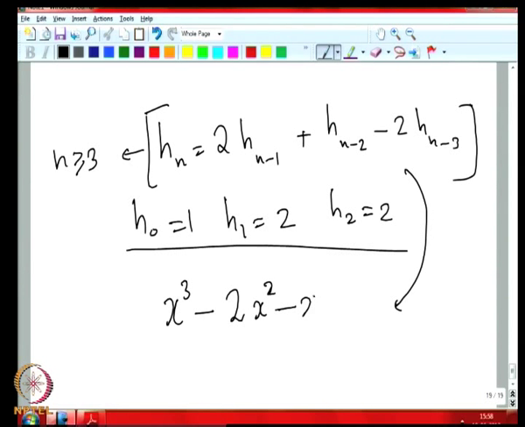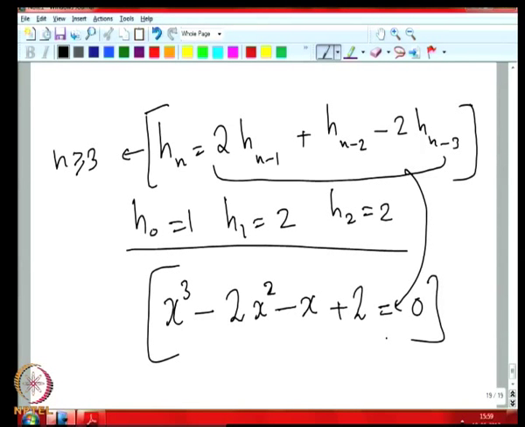What I did is I took all the terms to one side and then cancelled off q to the power n minus 3. So, we will get x cube minus 2 into x square minus x plus 2 equal to 0 as the characteristic equation, that is, q cube minus 2 q square minus q plus 2, right.